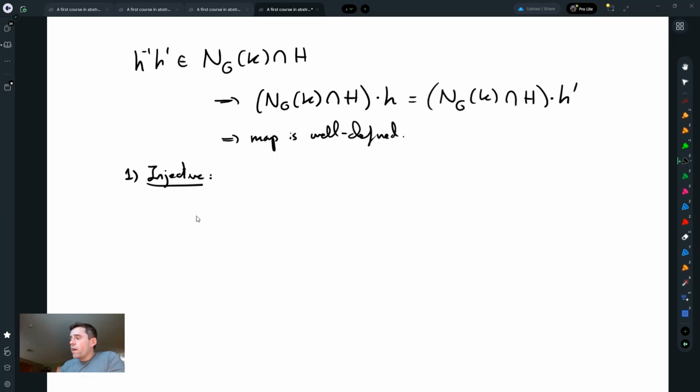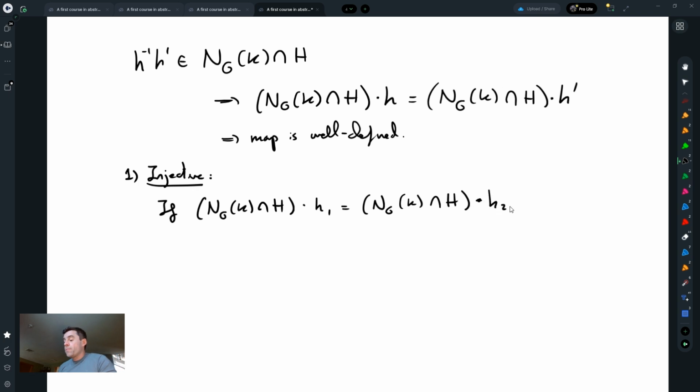So now for the injectivity, suppose that I have two h's that map to the same coset. So the coset by h1 is the same as the coset by h2. Then again, by the property of cosets, h2 h1 inverse will belong to the group we're doing cosets by.